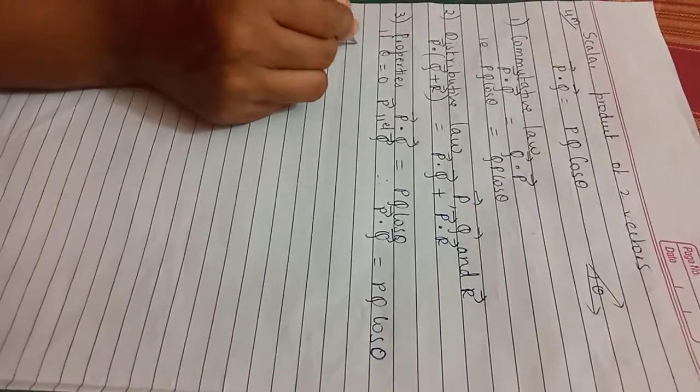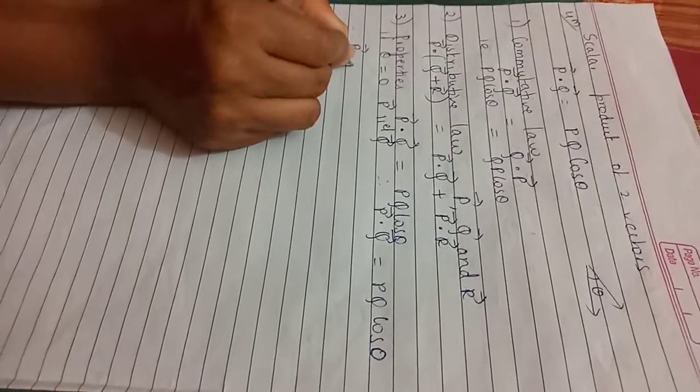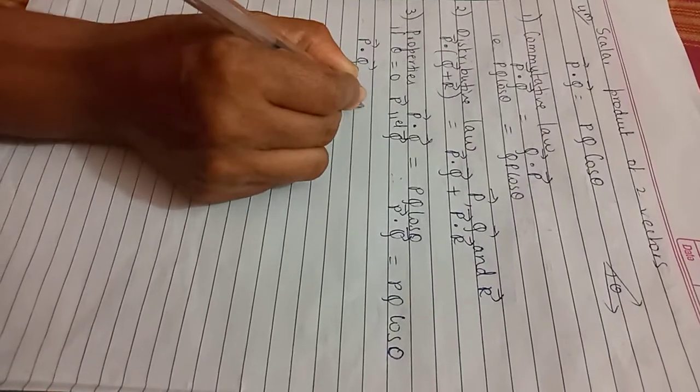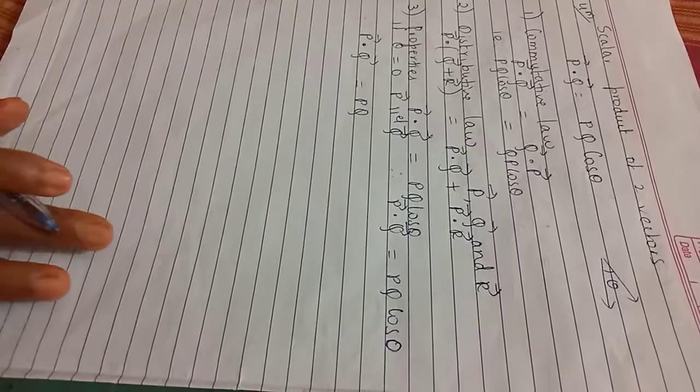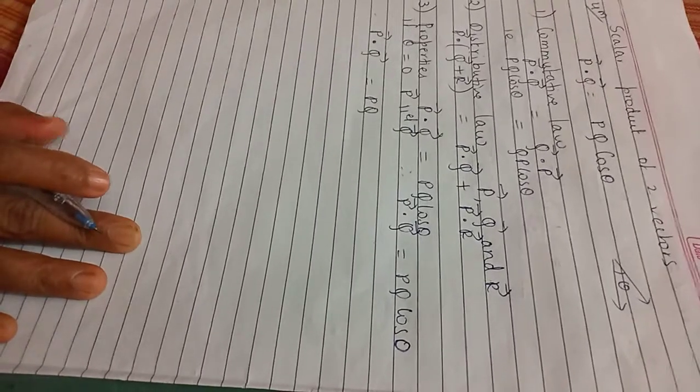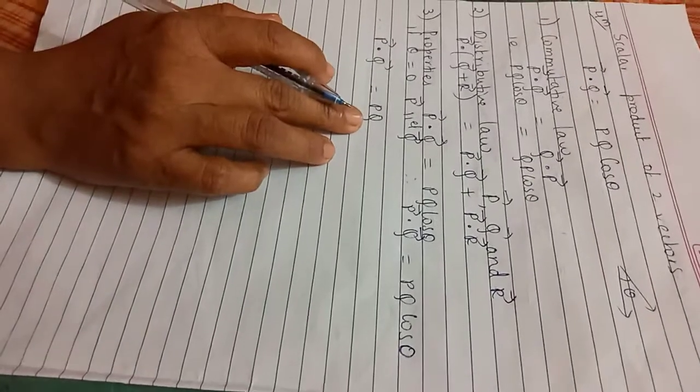And what is cos 0? Cos 0 is 1. Means the scalar product of the two vectors is equal to the product of their magnitude.